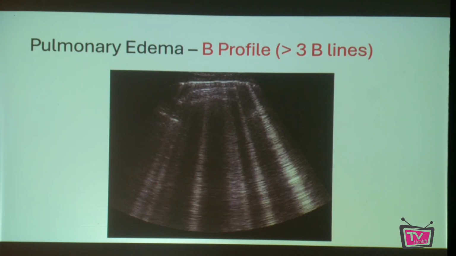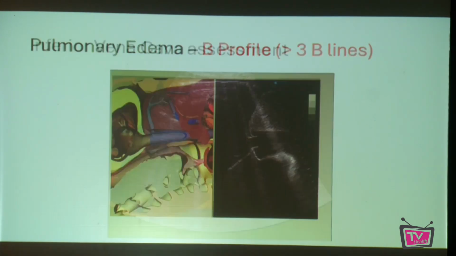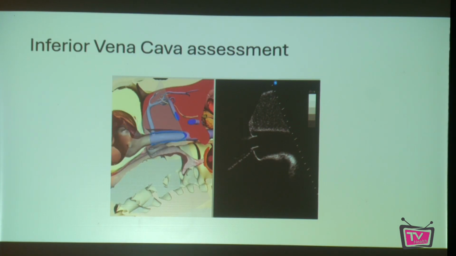I was talking about more than 3 B lines, and the smooth pleural line is classic in pulmonary edema. In the second part of the lecture we will see how you can differentiate this from ARDS. The patient may be in the ICU, maybe a pneumonia has developed with ARDS features, or you have given a lot of fluids.